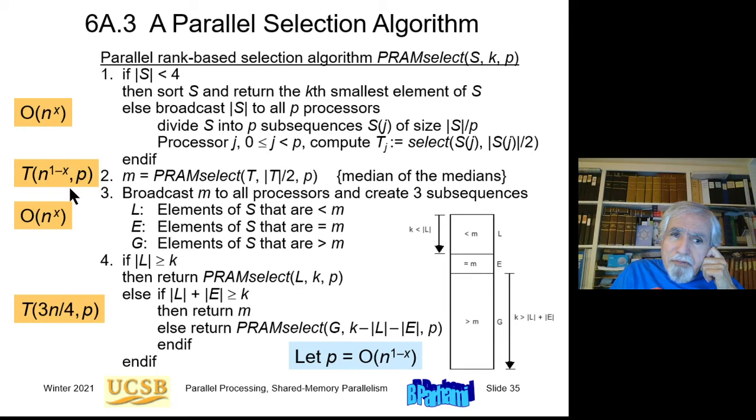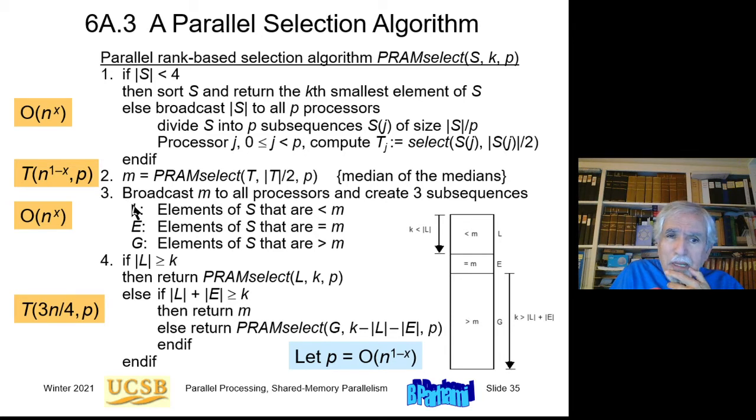This is a recursive call. And now each processor determined one median, so the list of size t is equal to p, and therefore this takes this much time, recursively calling the same algorithm.